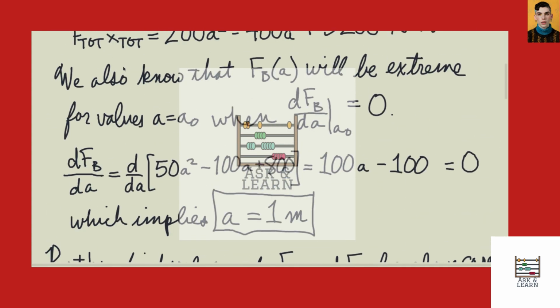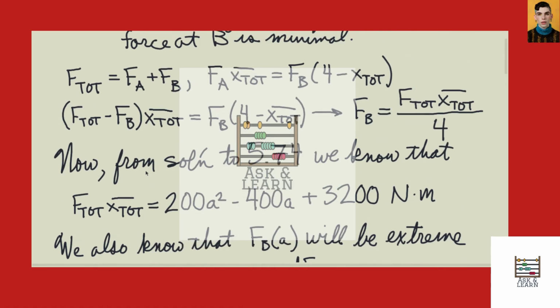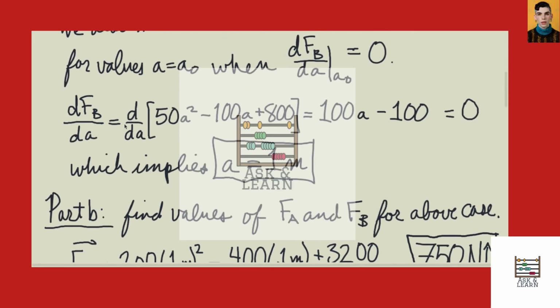So taking the derivative of our expression, which is this polynomial subbed in for this product up here, I've written that out. The derivative of F B with respect to A is the derivative with respect to A of the polynomial 50a squared minus 100a plus 800, which becomes 100a minus 100.